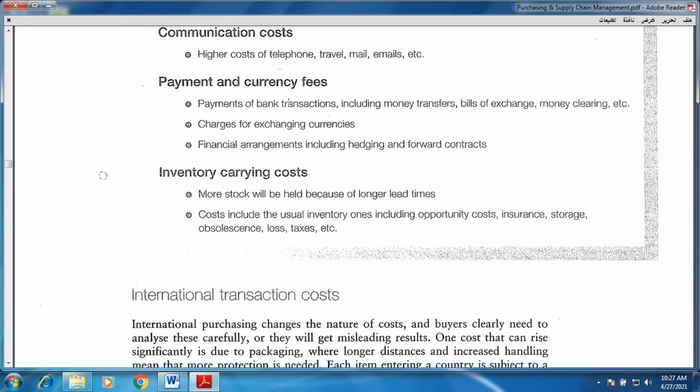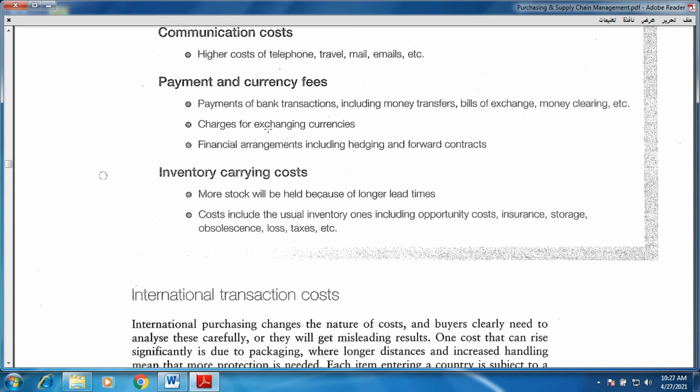We have the payment and currency fees. The payments for the transactions that happen with the bank. When we do a money transfer, we pay a commission to the bank. When we do the bill of exchange or the money clearing, there are fees paid to the bank.